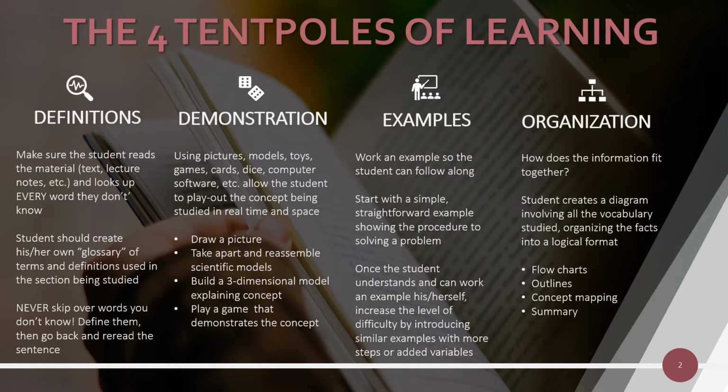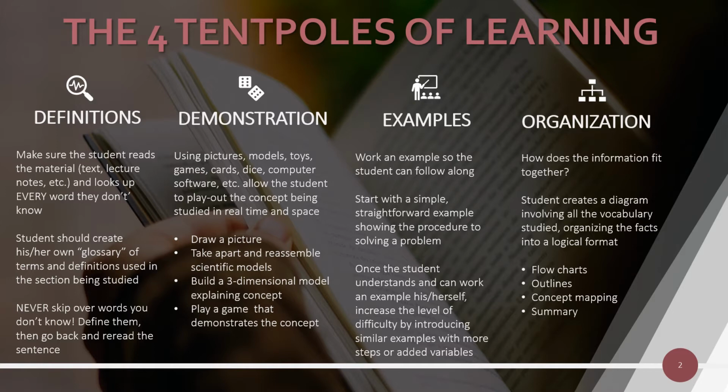Make sure the student actually looks those words up and gets a good idea of specifically what those words mean, because they might mean something general in English, but in the specific math or science category, they're probably going to mean something very specific and very detailed, and the student needs to know exactly what they're reading and the meaning of exactly the words that they're reading.